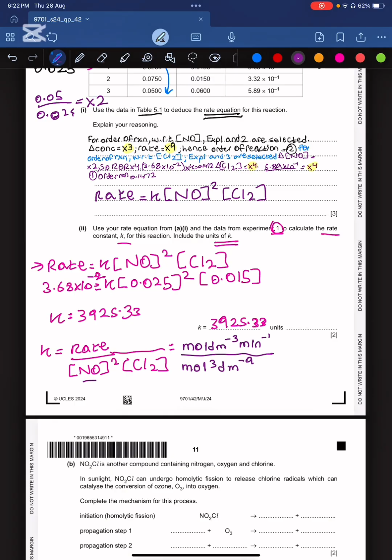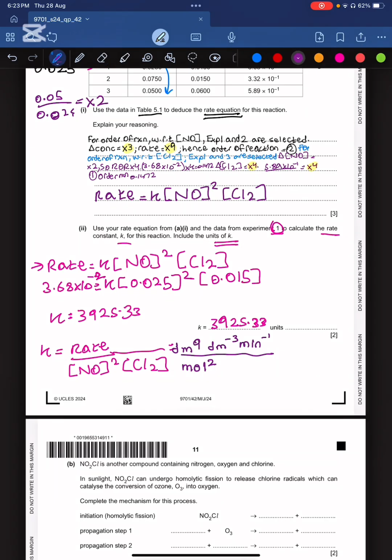Why? Because this was mole 2 dm minus 6. This was mole dm minus 3. Together they become mole 3 dm minus 9. I remove the mole from here since I cut it down from this. So this becomes mole 2. Now I bring this entire dm minus 9 upwards. So now it becomes dm9 and not dm minus 9.